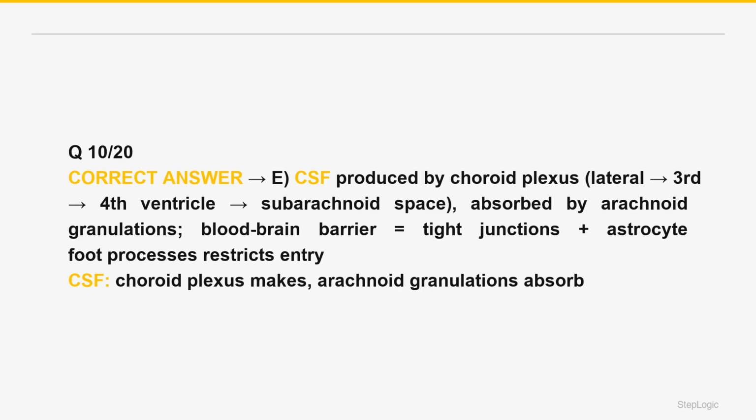Glucose via GLUT1 and amino acids cross, but most large or charged molecules, many drugs, and pathogens are excluded. A few circumventricular organs, area postrema, etc., lack a BBB to sense the blood. Inflammation, meningitis, can disrupt it, allowing antibiotic penetration. The choroid plexus for production, arachnoid granulation for absorption, and tight junction BBB is the answer.